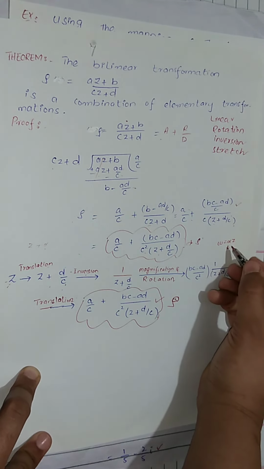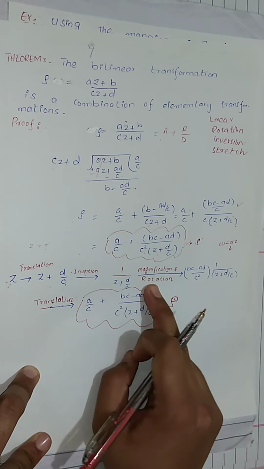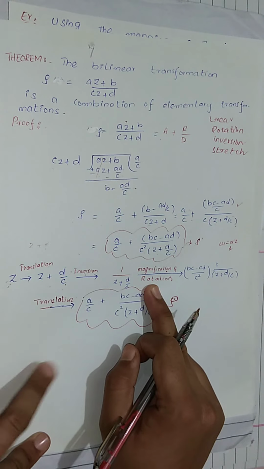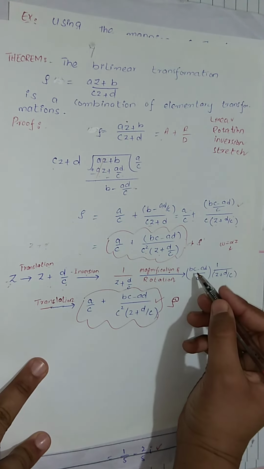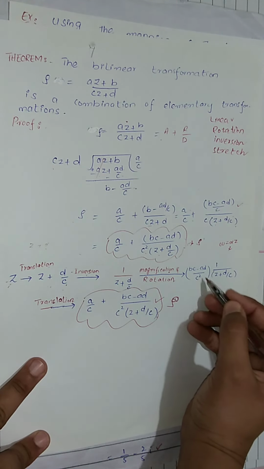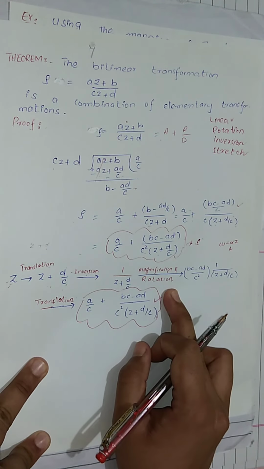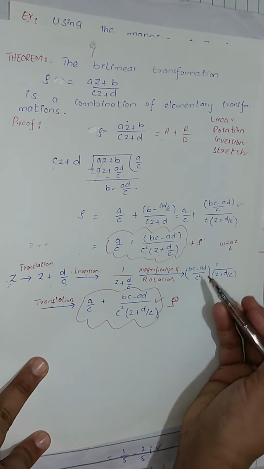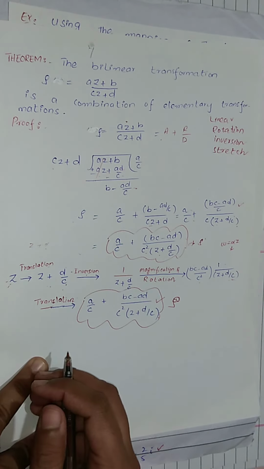If alpha is a complex number, then our graph in the Z plane will be magnified and rotated too. So when we multiply this by a real or complex number, (BC minus AD) over C square is a complex number, so this graph is magnified and rotated. So we have (BC minus AD) over C square into 1 over (Z plus D by C).